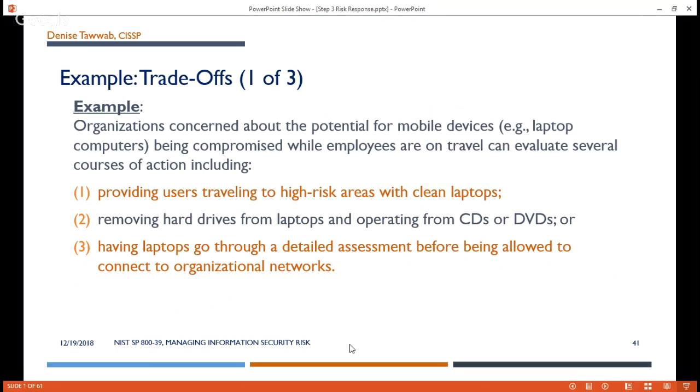An example of trade offs, organizations concerned about the potential for mobile devices, for example, laptops being compromised while employees are traveling, can evaluate several courses of action, including providing users traveling to high risk areas with clean laptops, removing hard drives from laptops and operating from CDs or DVDs, or having laptops go through a detailed assessment for being allowed to connect back to organizational networks.